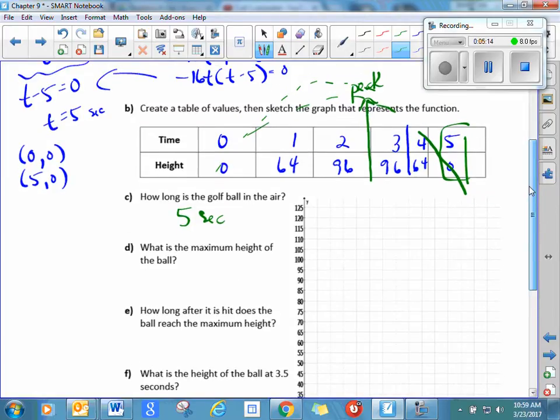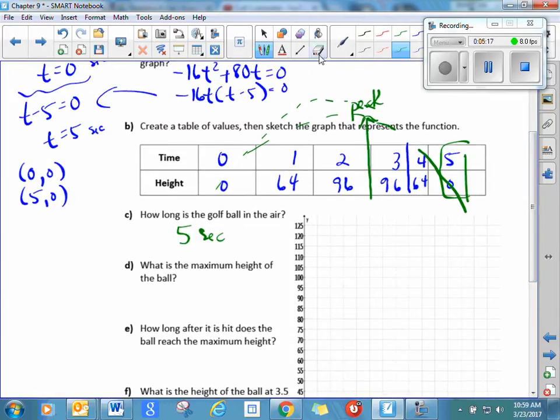So we look at what we've got in our table. We've decided that between 2 and 3, it's at its peak. Well, in between 2 and 3 is 2.5 seconds. And we need to plug that into our calculator and figure out what the maximum height of the ball is. I have not done that, but you can do that.